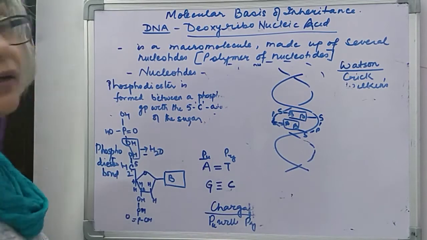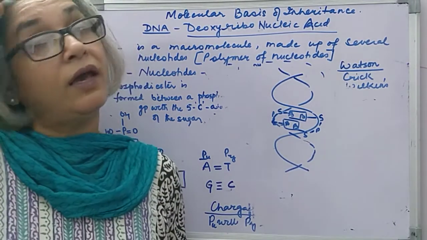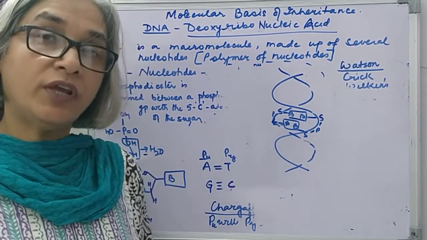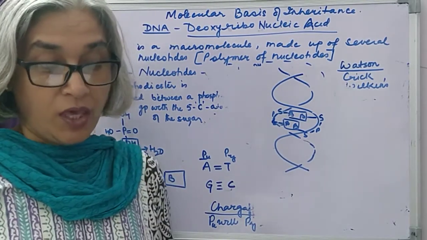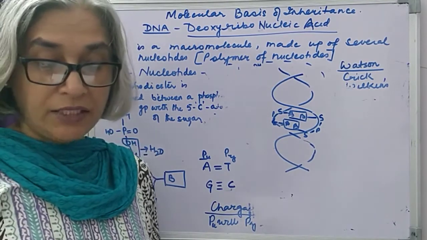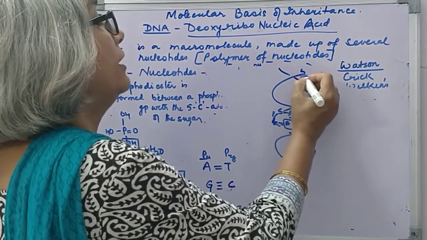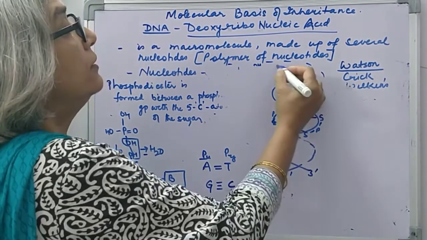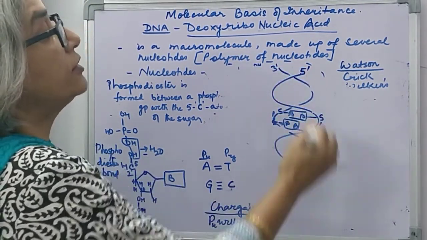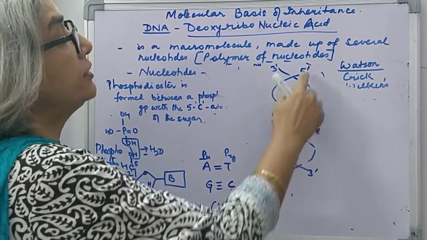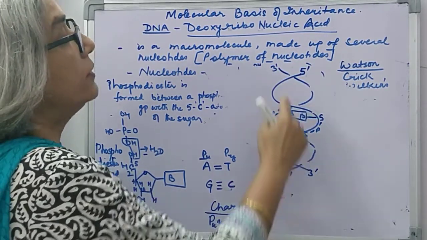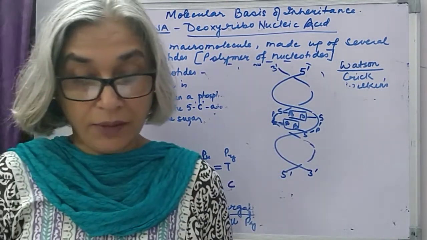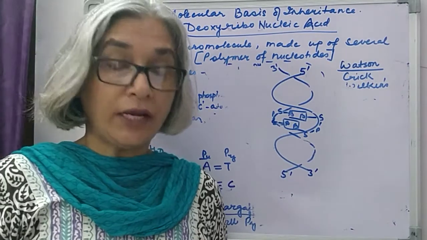As I told you, adenine and thymine have two weak hydrogen bonds, and cytosine and guanine have three hydrogen bonds between them. The two chains are anti-parallel. That is, if one is in the 5' to 3' direction, the other is in the 3' to 5' direction. This is what is meant by anti-parallel chains. This is the polarity of the chains.